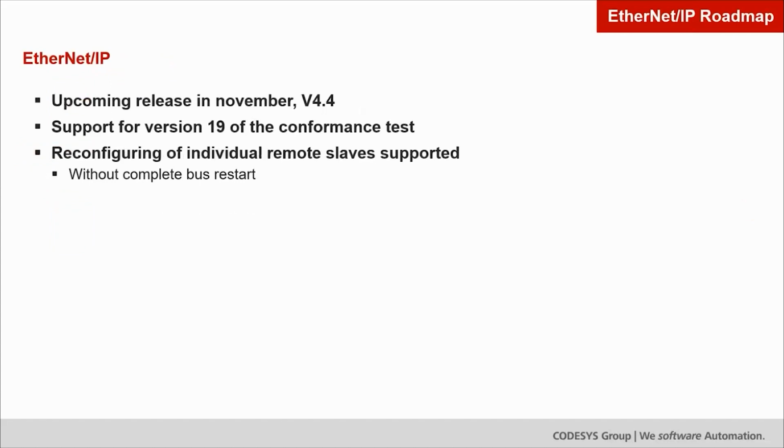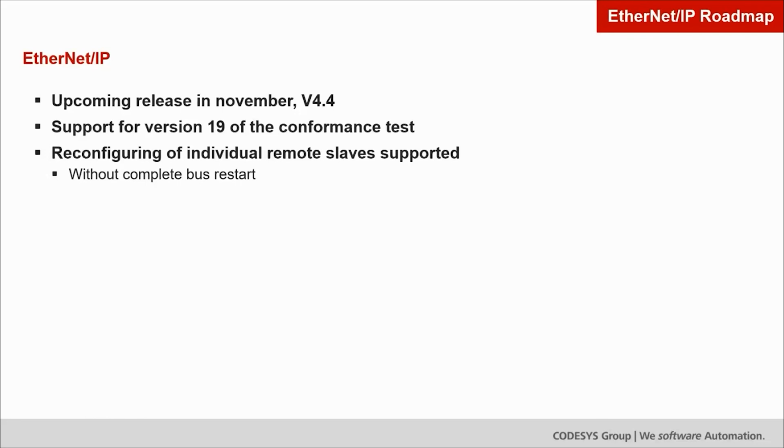For EtherNet/IP, our next release is scheduled for November of this year with version 4.4. The main new features will be that we support version 19 of the conformance test for EtherNet/IP from the ODVA. So customers can now get conformance for this version when tested. And the main new feature will be the support for reconfiguration of individual remote slaves.